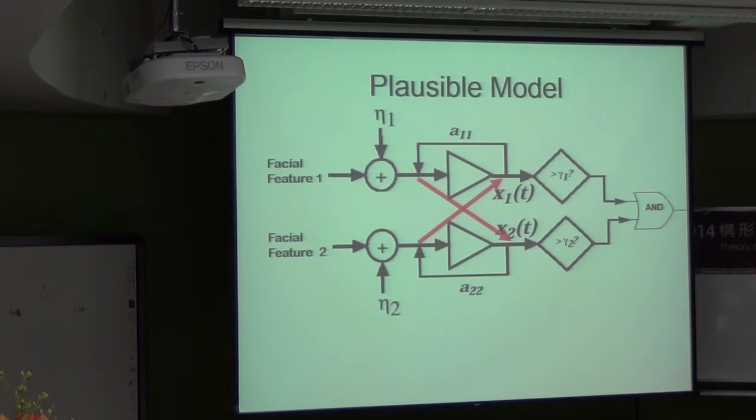Where does holism come in? It comes in through a potential use of our system: crosstalk between these units. These red lines indicate the crosstalk. When you get some evidence from facial feature 1, it is sent to facial feature 2, and that speeds up the accumulation of evidence in the opposite feature.